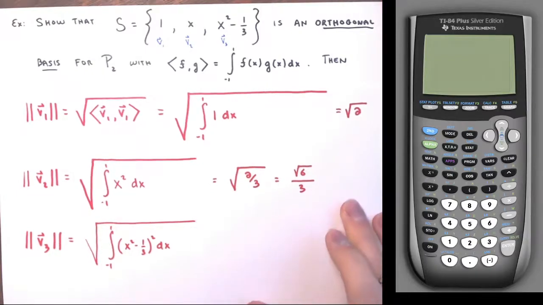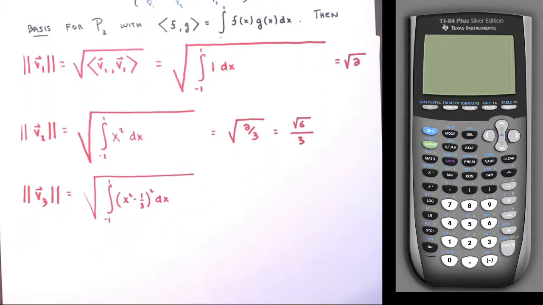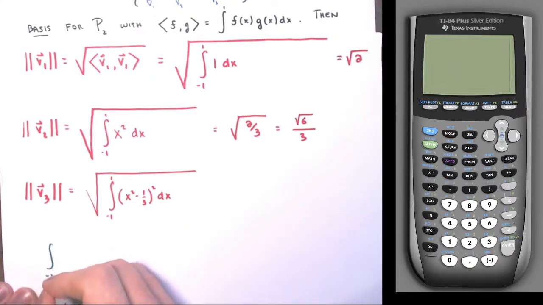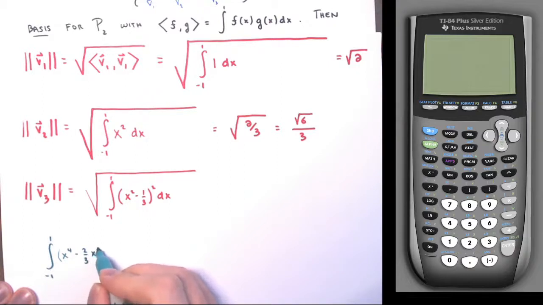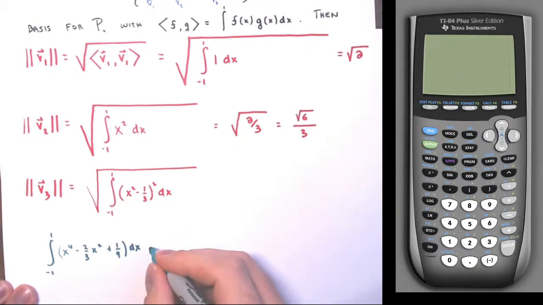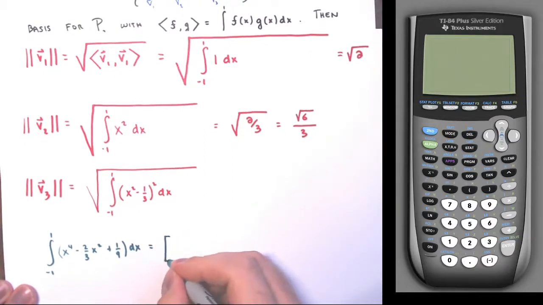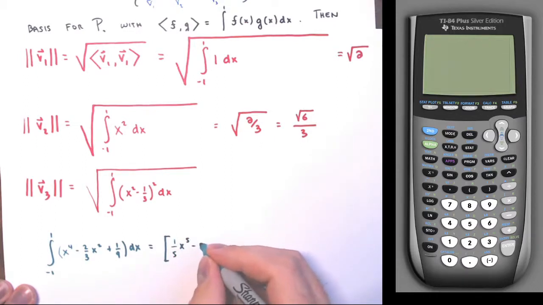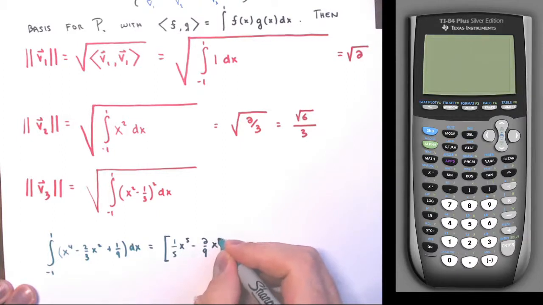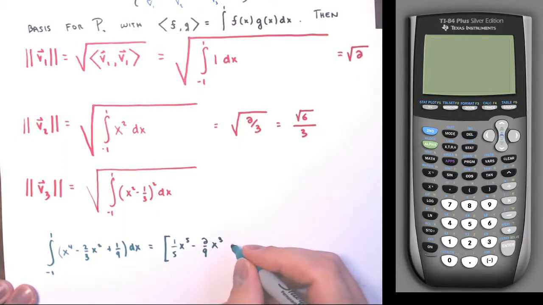So I'm going to do this integral off to the side. That'd be the integral from -1 to 1 of x to the fourth, minus 2/3 x squared, plus a ninth. And then doing the antiderivatives here, this is 1/5 x to the fifth minus 2/9 x cubed plus 1/9 x.